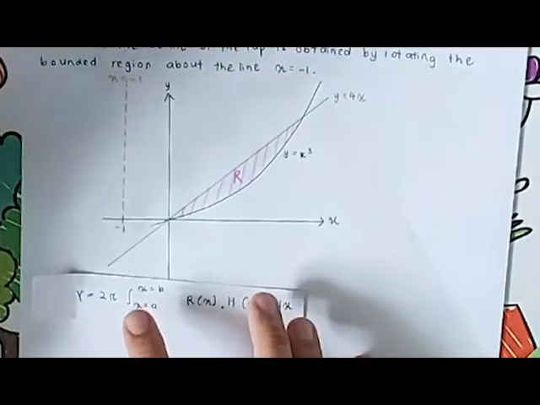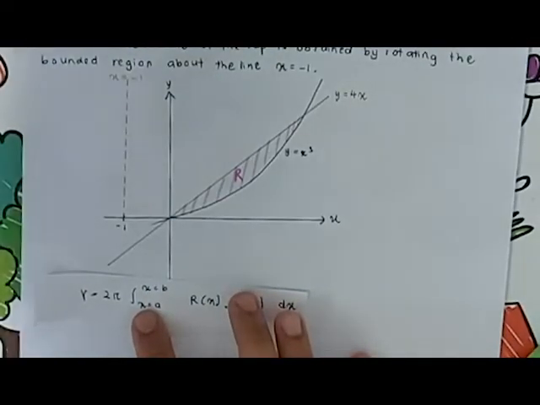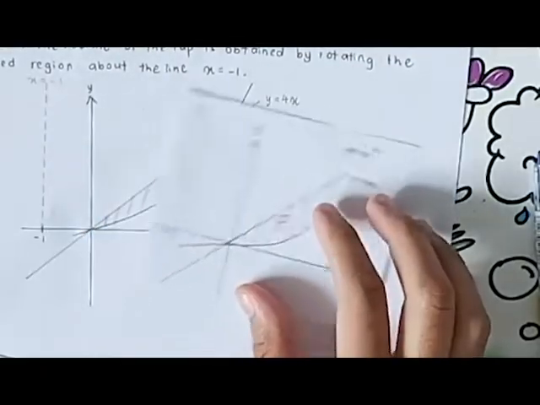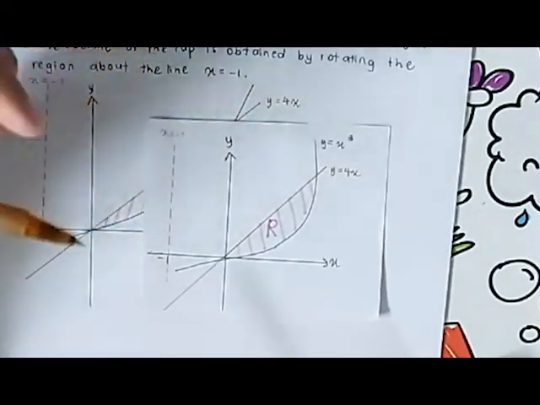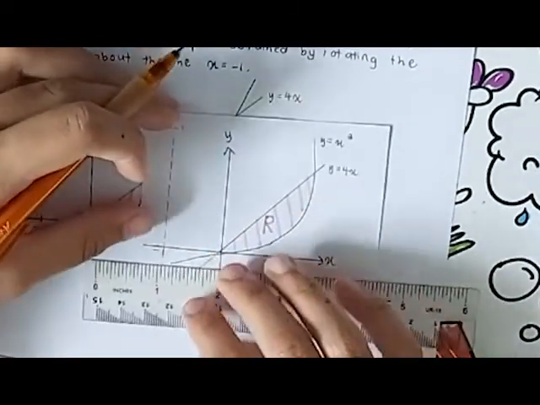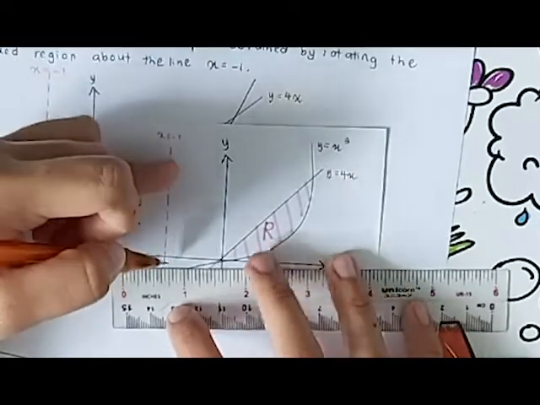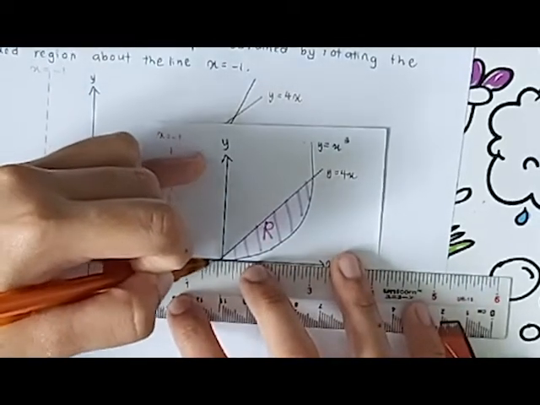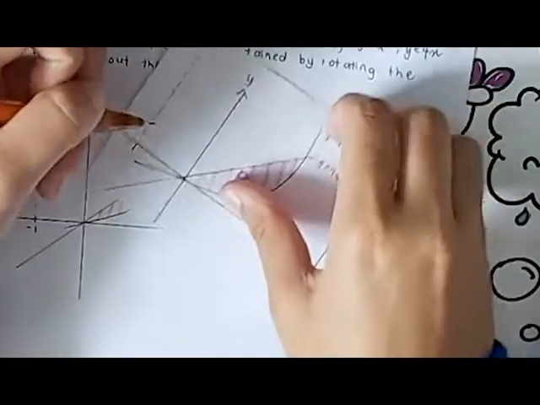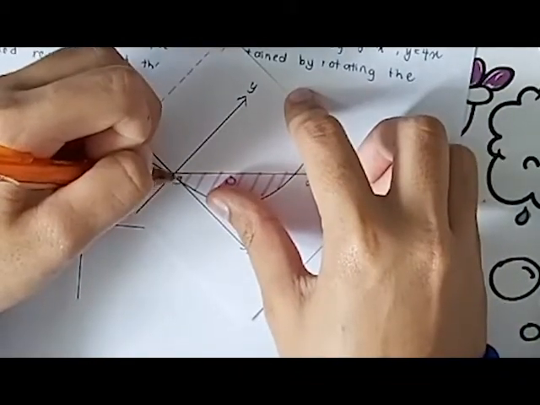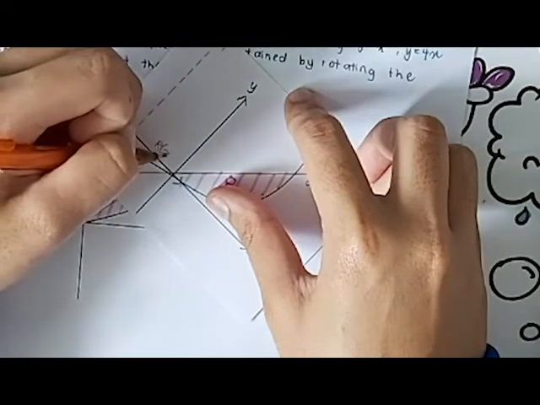So how do we find that? For radius, okay, I want to enlarge the graph a little bit. I sketch a new one so you can see it better. For r(x), okay, from the line x equals -1, you drag a line. Oops. So the first line that you drag is called r(x).